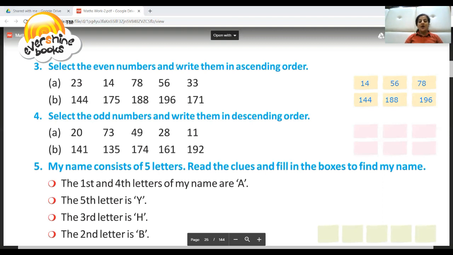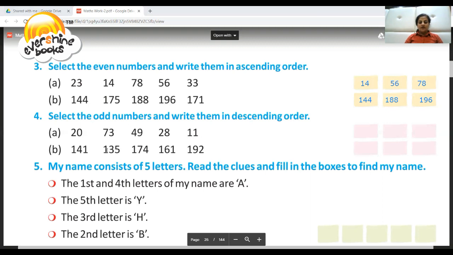No, it is an odd number because 3 at one's place is odd. 49 is also odd number because 9 is at one's place. 28 is even number because 8 is at one's place and 8 is even. 11, yes, 11 is odd number because 1 is there at one's place.